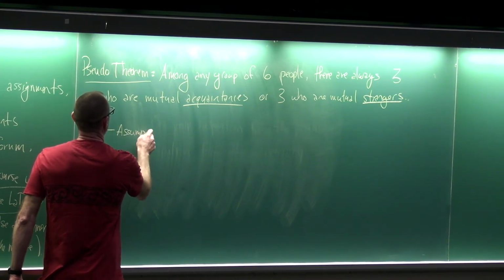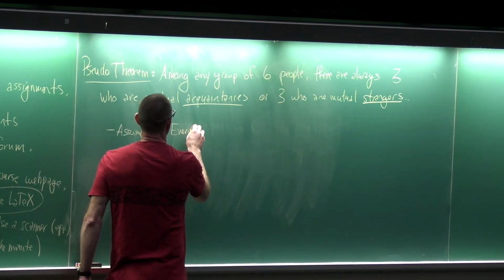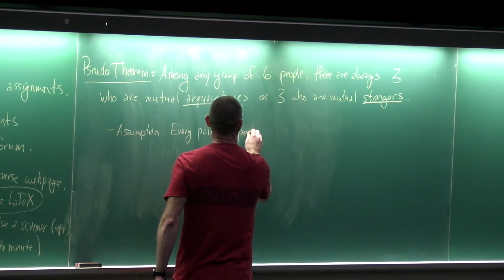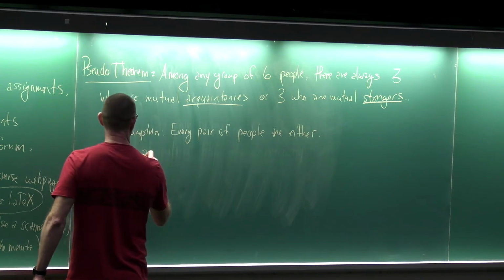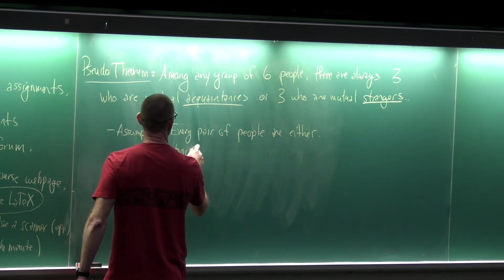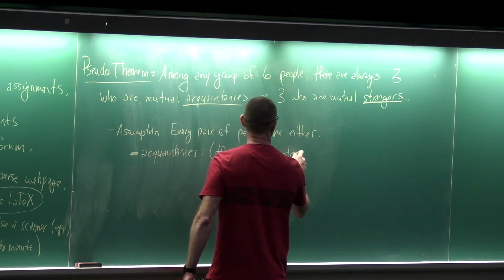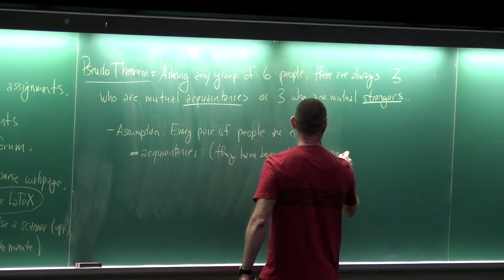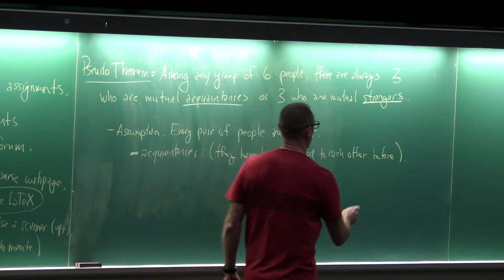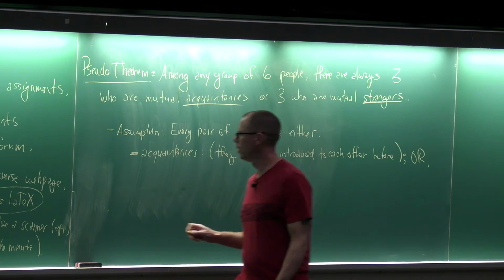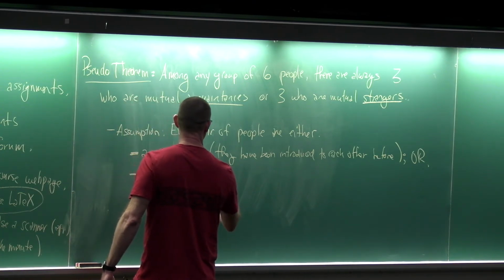This is the underlying assumption, and there's a reason for choosing these words, acquaintances and strangers: every pair of people are either acquaintances, and I will just take that to mean they have been introduced to each other before, or strangers. They have never been introduced before.